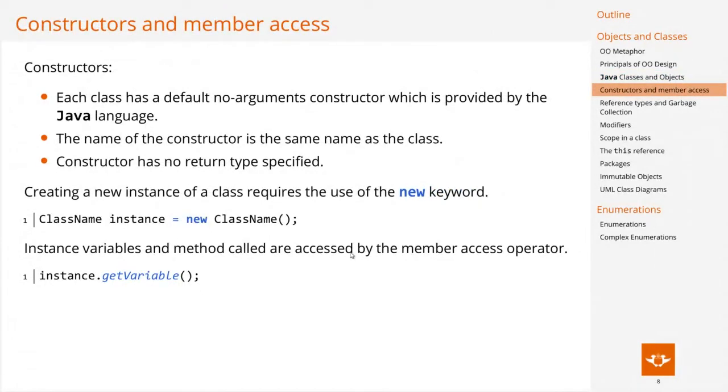So, constructors in member access; we looked at some of the details here already. By default, if you don't specify any constructor, Java gives you a default no-arguments constructor. A constructor always has the same name as the class itself. It doesn't have a return type because it returns an instance of the class, just like in C++. By default it gives you the no-arguments constructor, so you can create an instance without assigning anything.